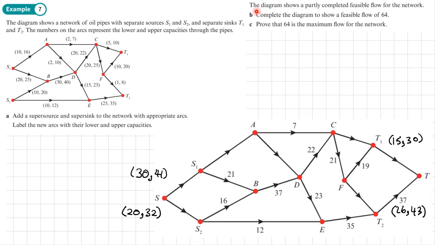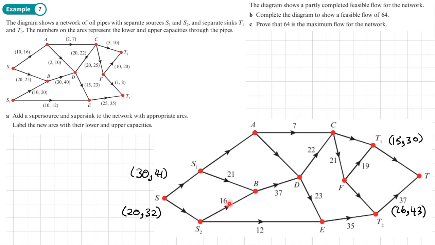Part B, it says the diagram shows a partly completed feasible flow for the network, so that's this one down here. Complete the diagram to show a feasible flow of 64. So that means I need to have 64 flowing out of this super source and 64 flowing into this super sink. Okay, so we can just use the numbers we've got here.